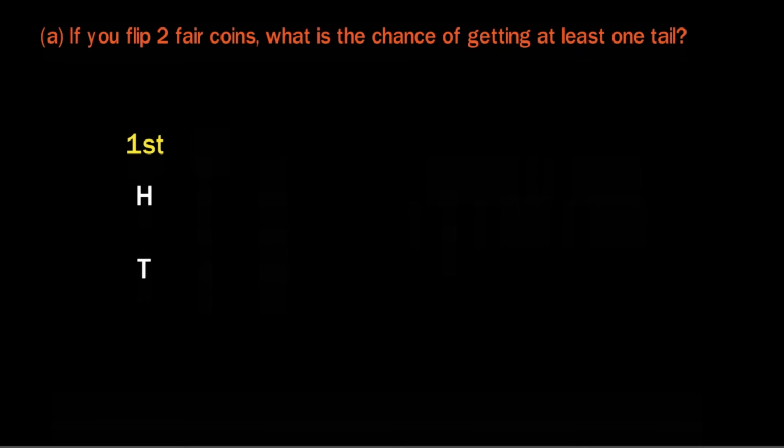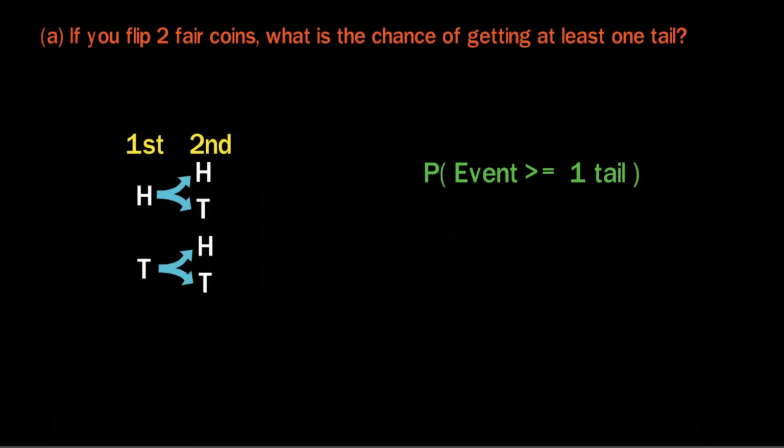So we have H or T, H or T, H or T. If you want to get at least one tail, the event, at least one tail, we know that we have HH as outcome, HT, TH, TT.